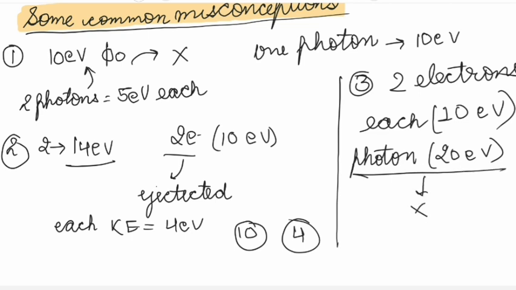We cannot use this. What it will do instead is emit one electron with 10 electron volt, which is the remaining energy, as its kinetic energy.